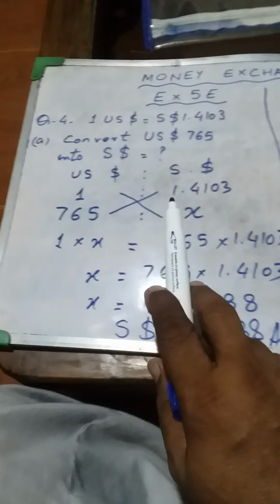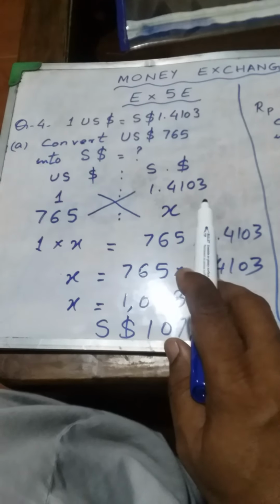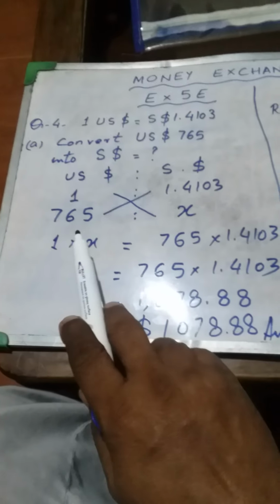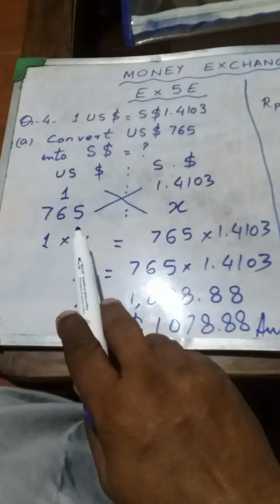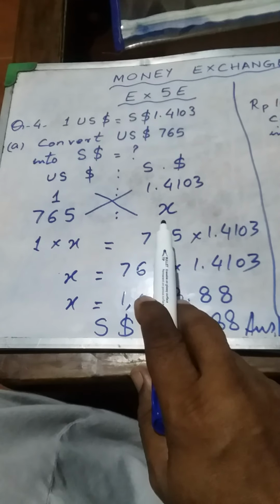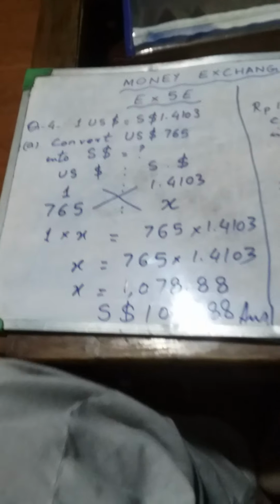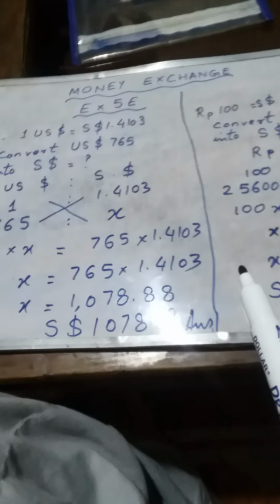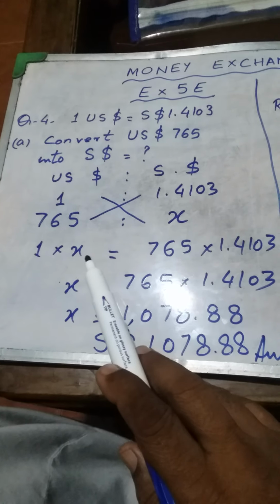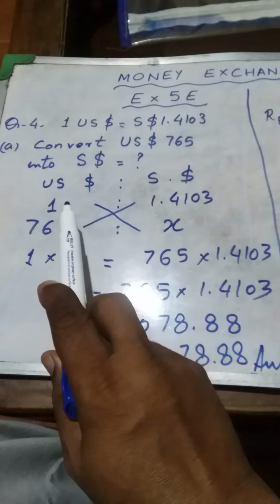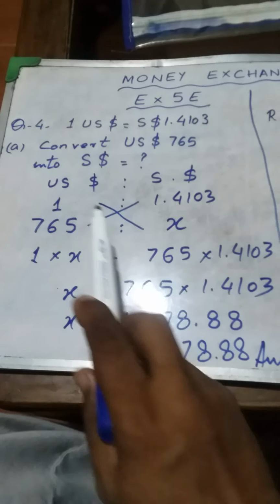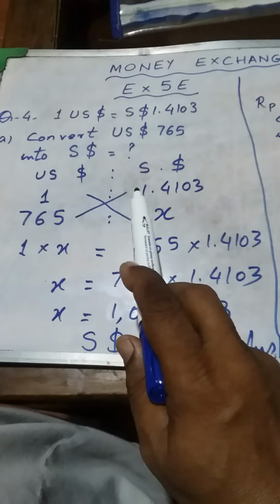Then that information will be used over here. 1 US dollar will be equal to 1.4103, and 765 will be written over here, and x will be written over here when we multiply these values. This process is called cross multiplication, because we are multiplying this upper value with the lower value and this lower value with the upper value.